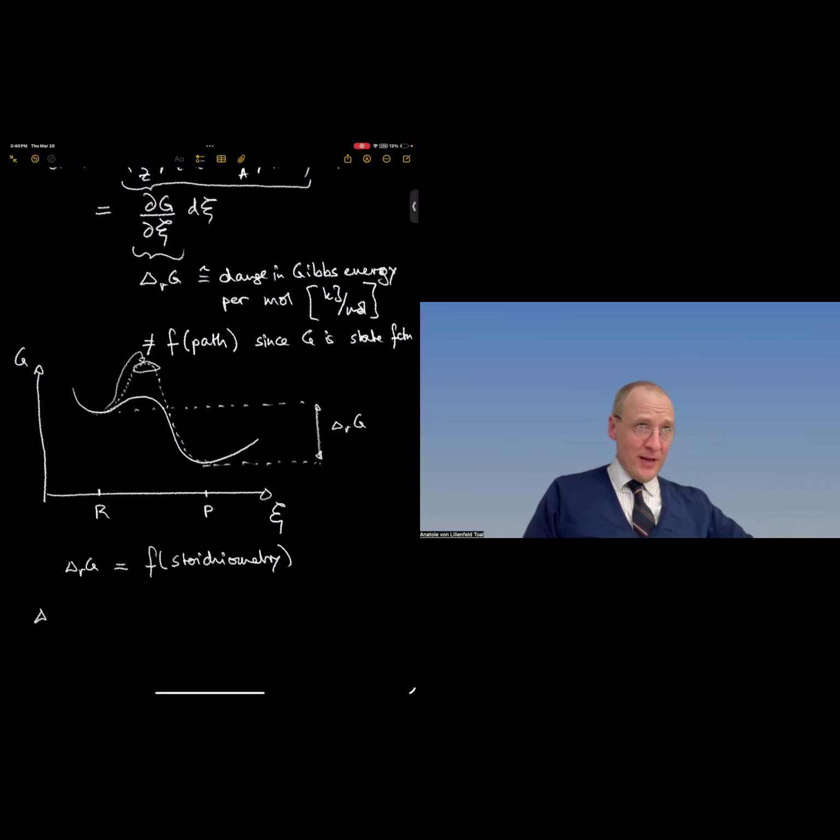Now, that, of course, begets the question, what happens to delta R G as you consider other compositions? And this is what this theoretical framework offers you to do, because you can query this function again for a different composition. And then you can predict which reactant is going to be more favorable for a reaction and which one is less favorable.